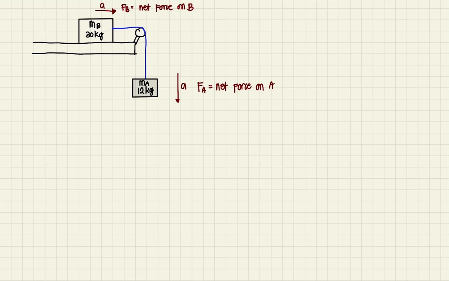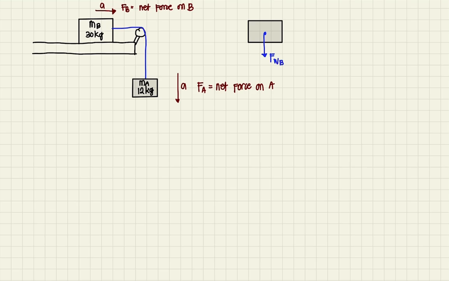So let's take a look at block B. Looking at block B, there are actually three forces acting on it. What are these three forces? Number one, it's the weight of block B, F_WB.